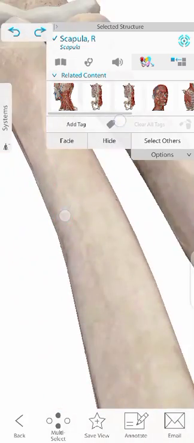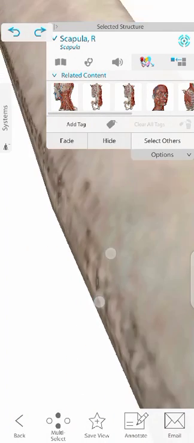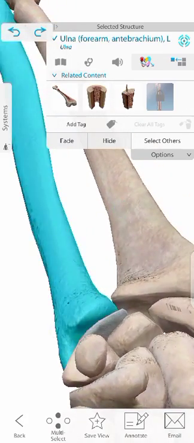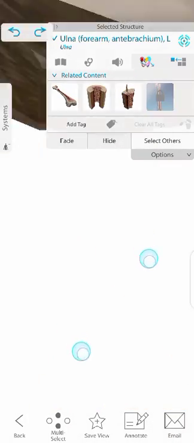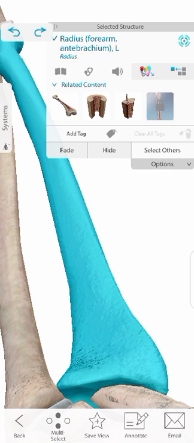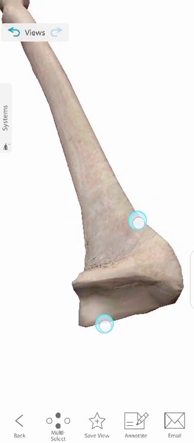A typical example is when you take the ulnar bone. This is the ulnar bone, and the ulnar bone articulates with the radial bone. So this is the radius and this is the ulnar. When you take the radial bone, at the distal part, let's isolate the bone.